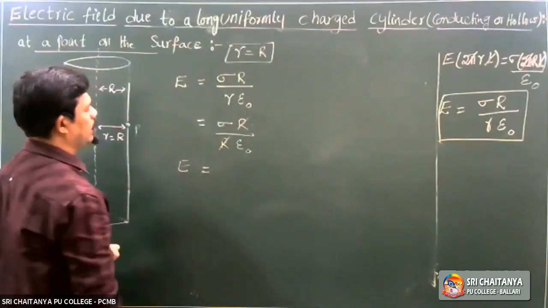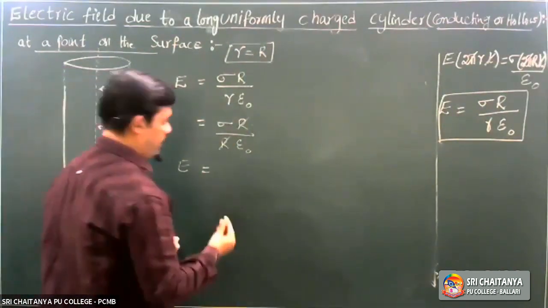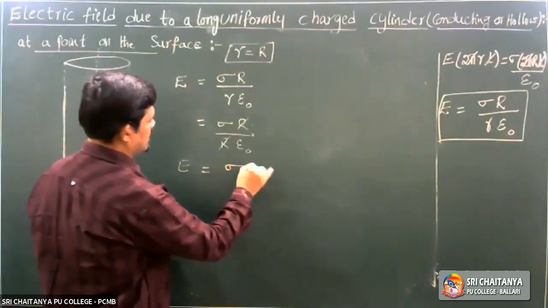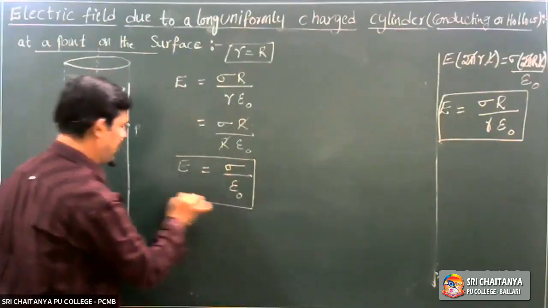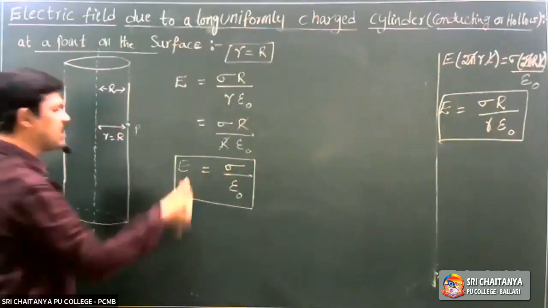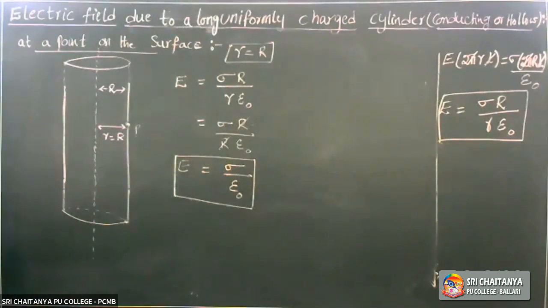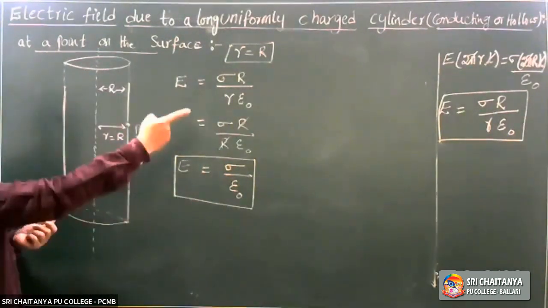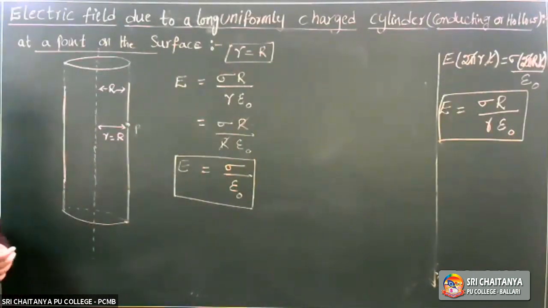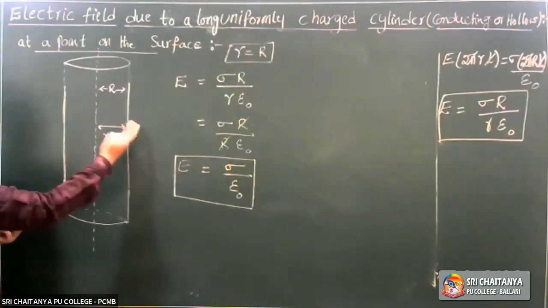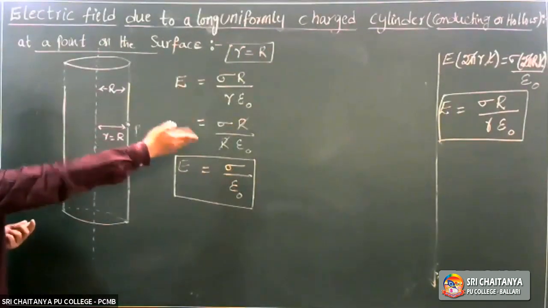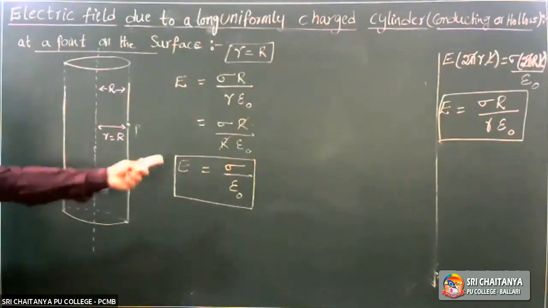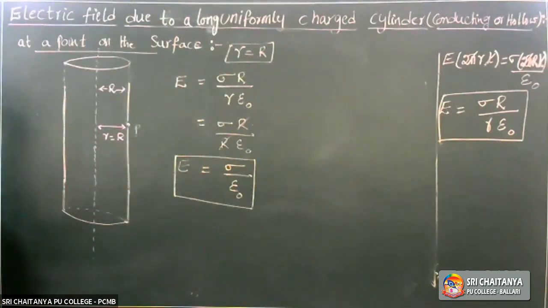Then E is equal to sigma by epsilon naught. This is the field on the surface. Simplest shortcut: once you find the field outside, that is the formula, E is equal to sigma R by r epsilon naught. When the point comes onto the surface, distance is equal to radius. Simply substitute it there. E is equal to sigma by epsilon naught.